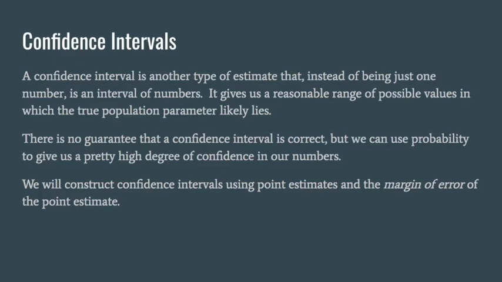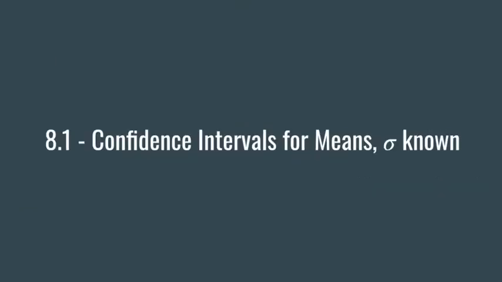That's better than point estimates because we don't have any associated confidence level. We do the best we can and hope for the best, but we don't have a probability that tells us how confident we can be in our answer. Confidence intervals give us that.